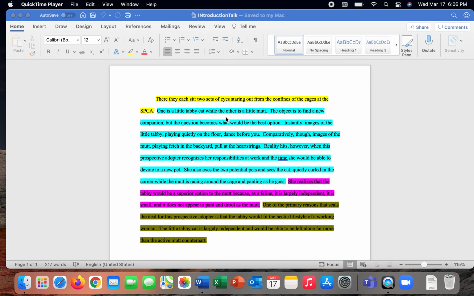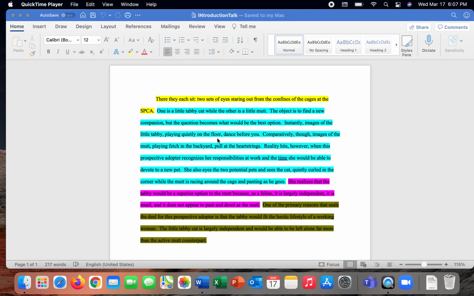Comparatively, though, images of the mutt playing fetch in the backyard pull at the heartstrings. Reality hits, however, when this prospective adopter recognizes her responsibilities at work and the time she would be able to devote to a new pet. She also eyes the two potential pets and sees the cat quietly curled in the corner while the mutt is racing around the cage and panting as he goes.